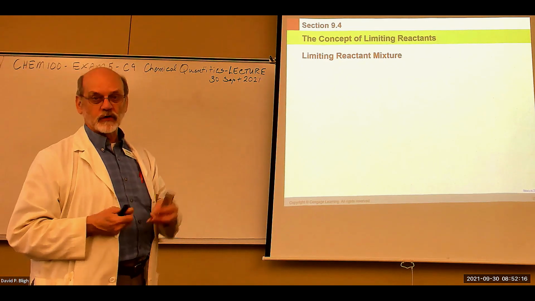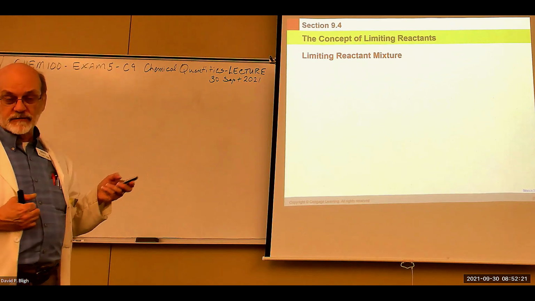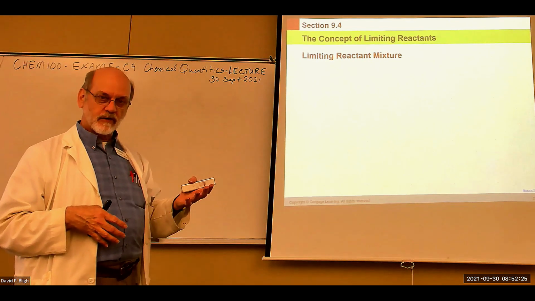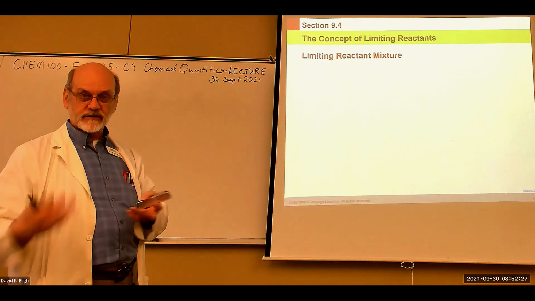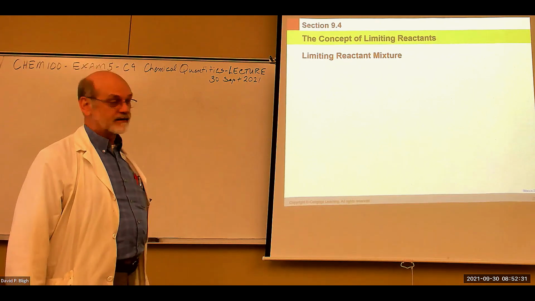There's some of them left over. That's what we mean by limiting reaction mixture. It's not stoichiometric because one of them runs out and the rest are left, a small amount of the others left behind, unreacted.